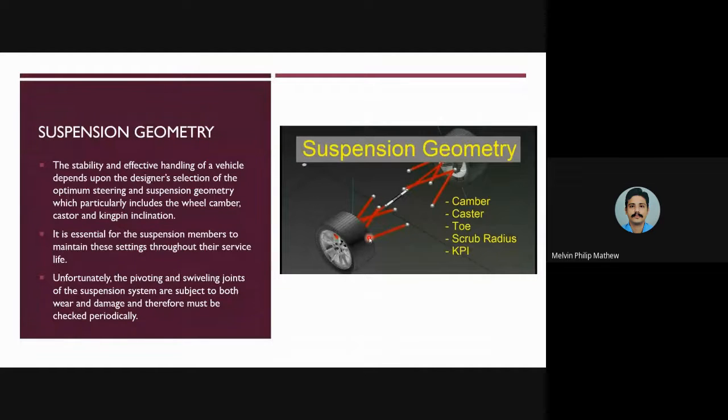Suspensions can be of many types. There is the coil spring, in the shape of a coil, or the telescopic shock absorber, which we'll be studying. Then there is the leaf spring, and I will also tell you how it is shaped. These all provide a cushioning effect.